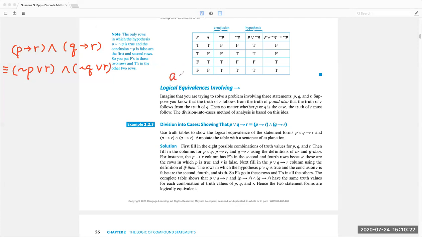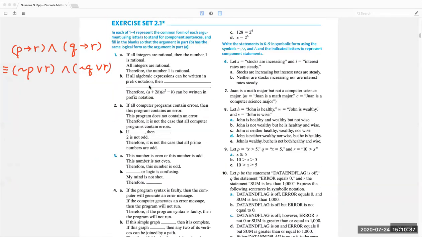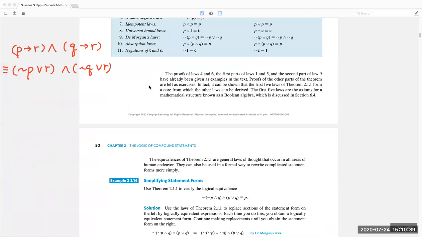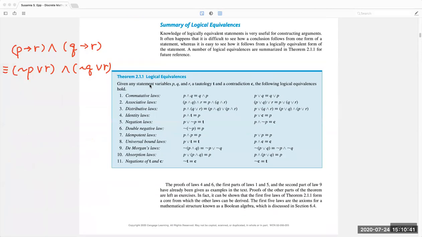So let's say it's A or B and C. We can cheat, okay, we can cheat using this table.